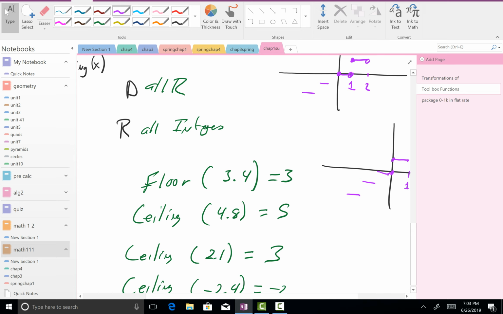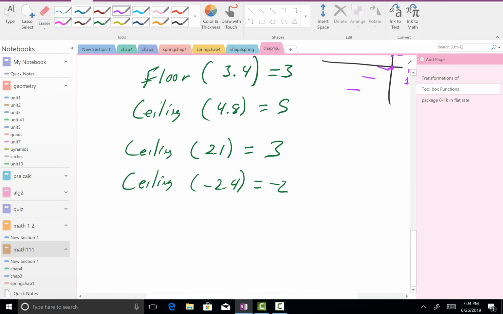Greatest integer function. Okay. So you can see that what it does is as soon as it hits between 0 and 1, it's 0, but then as soon as it hits 1, it bounces it up. So it's rounding it down just like floor does.